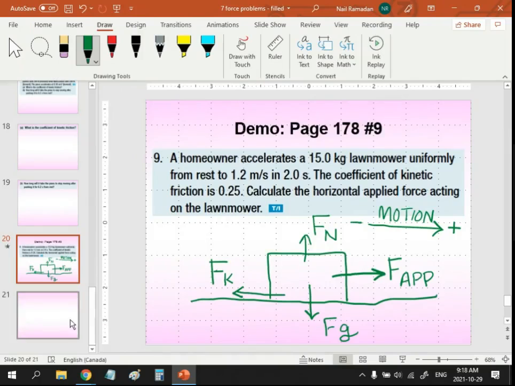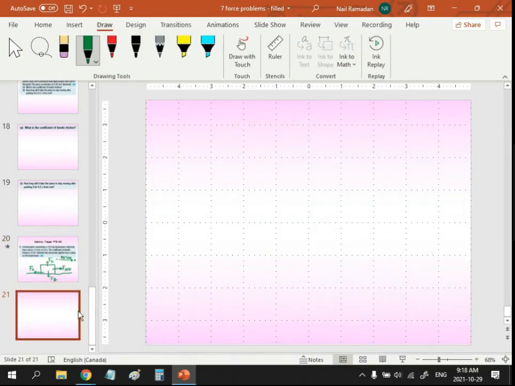Okay. So let's start with the calculation. So we're just going to say y-axis. Fn equals Fg, which in turn equals, check, done. That's it for the y-axis.